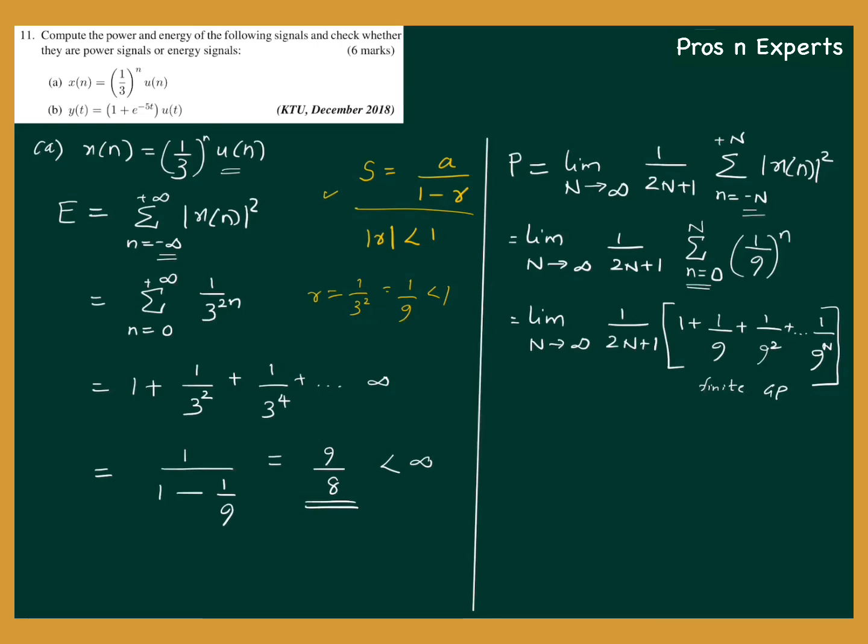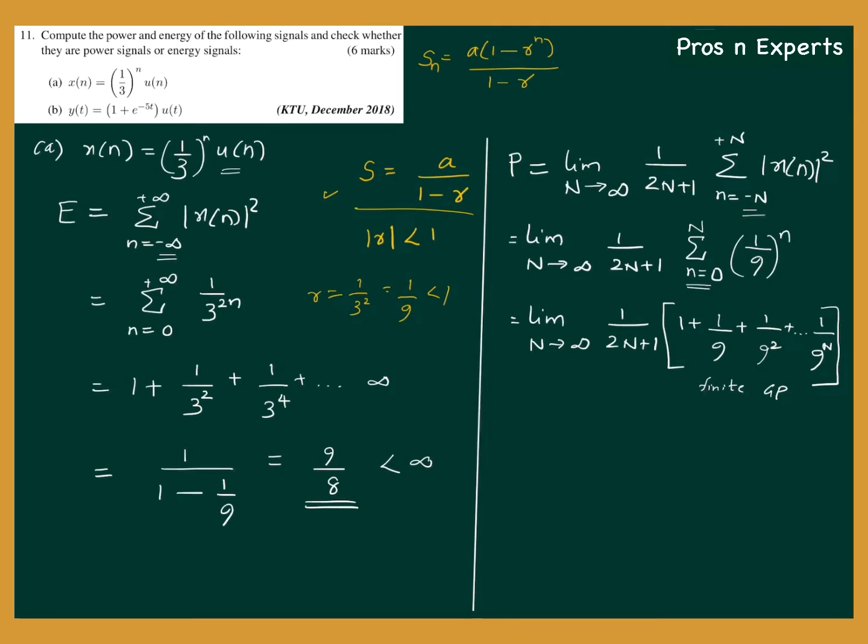What is the sum of a finite GP? Sum of a finite GP is equal to Sn equal to a into 1 minus r raised to n by 1 minus r, where a is the first term and r is the common ratio. And what is n here? n is the total number of terms.